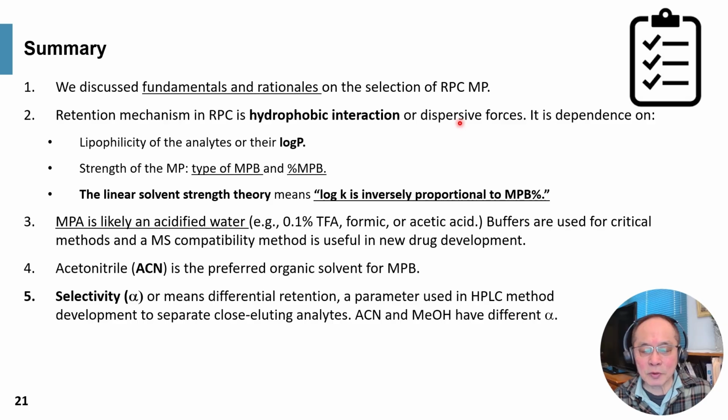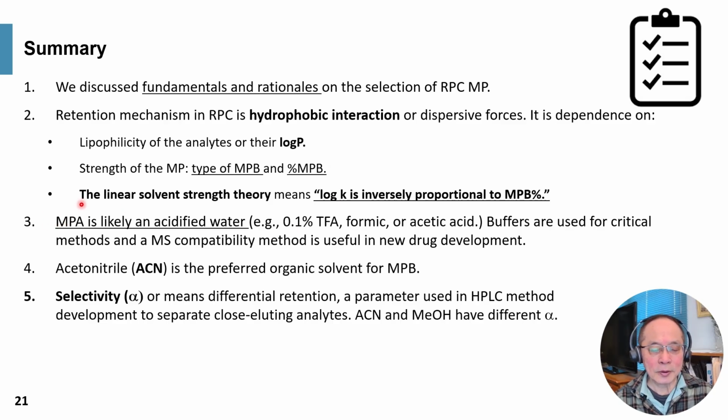If you use something which is much stronger, such as a nonpolar phase, normal phase chromatography is not as reproducible. So the elution and retention of the analyte is dependent on the lipophilicity or the hydrophobicity of the analyte, or according to the log P. Also, it depends on the strength of the mobile phase, the type of the mobile phase, and the percentage of mobile phase B in the mobile phase.